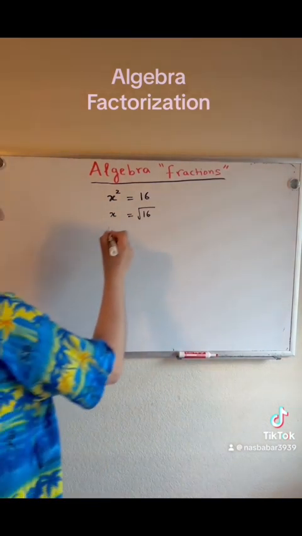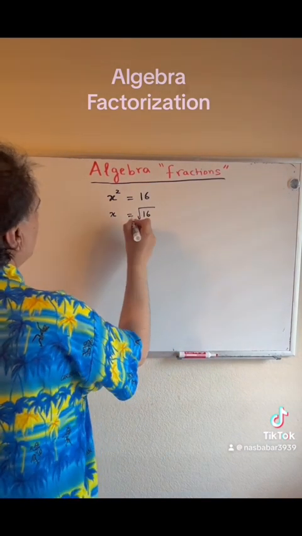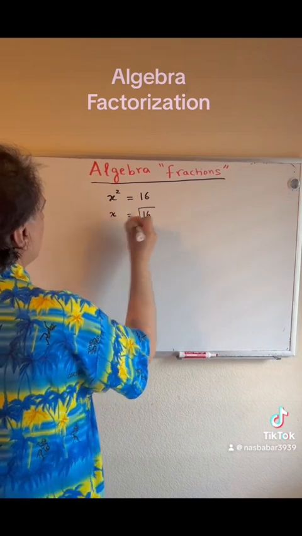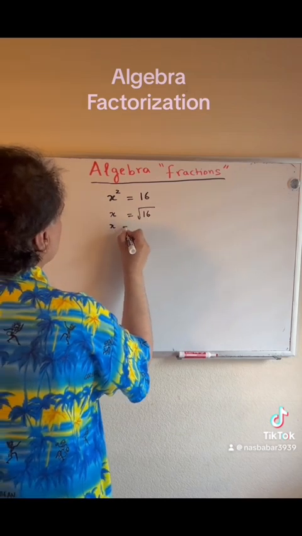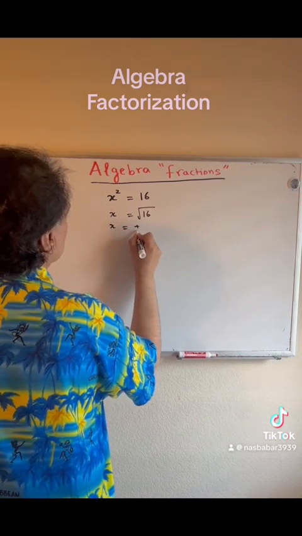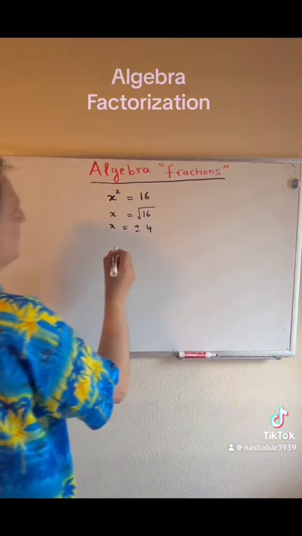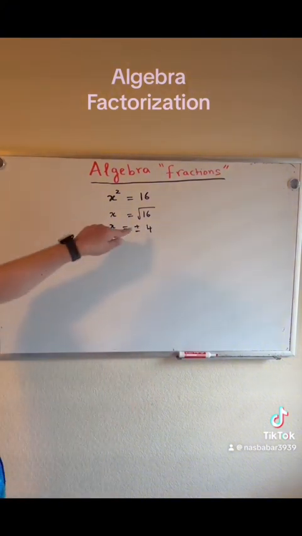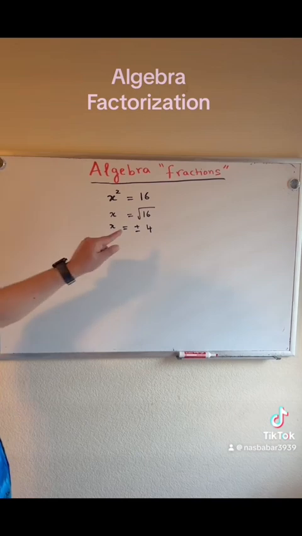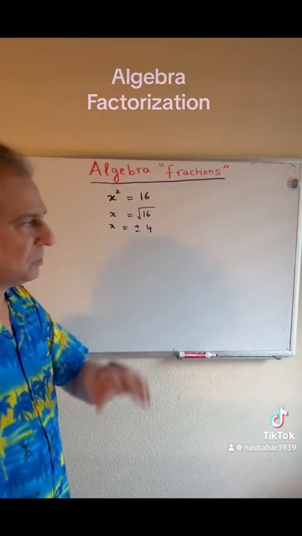So if I get rid of the square root sign, I get x is equal to plus minus 4. Never forget that. Always put plus and minus because this has two answers.